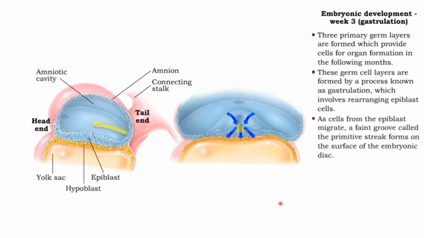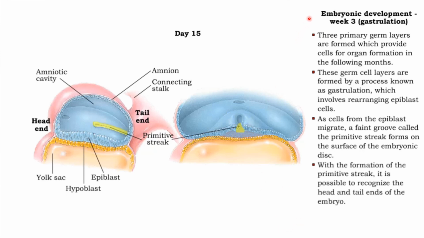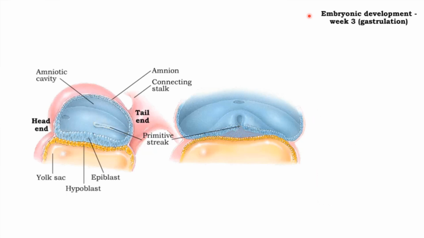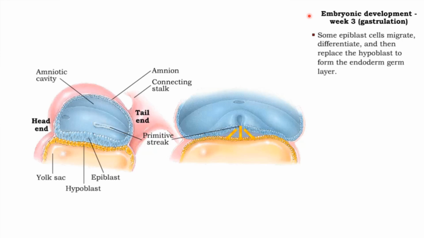As cells from the epiblast migrate, a faint groove, called the primitive streak, forms on the surface of the embryonic disc. With the formation of the primitive streak, it is possible to recognize the head and tail ends of the embryo. Some epiblast cells migrate, differentiate, and then replace the hypoblast to form the endoderm germ layer.